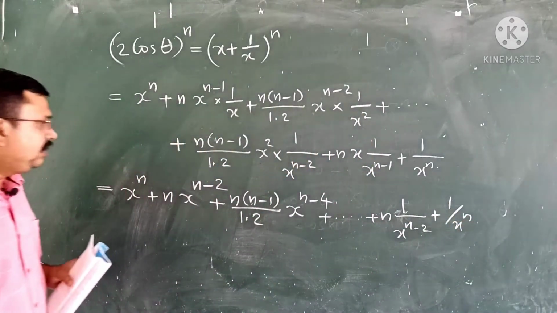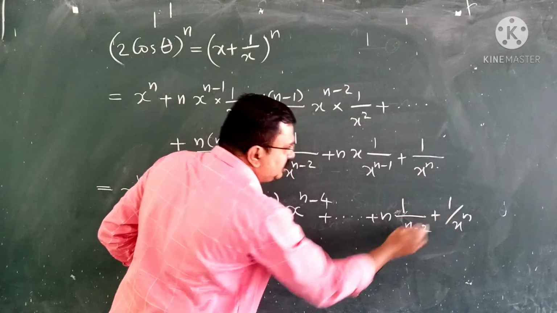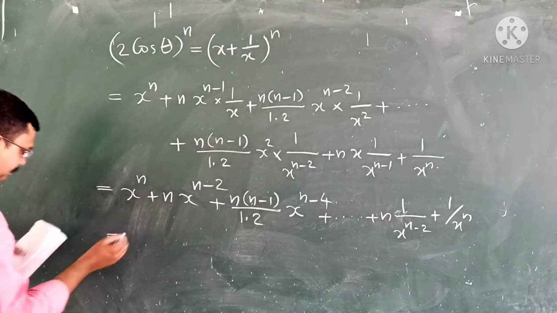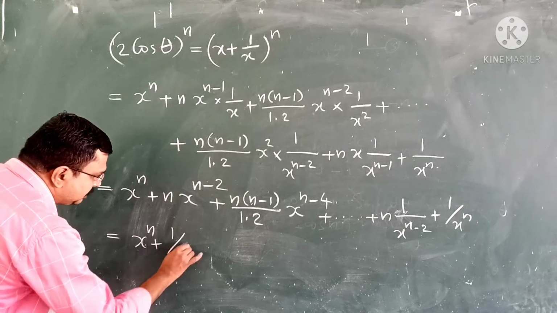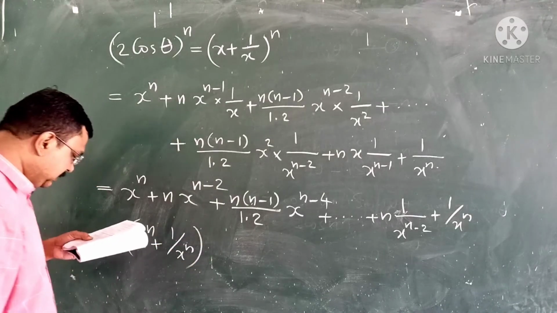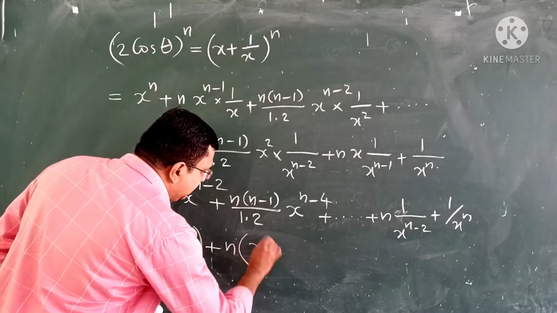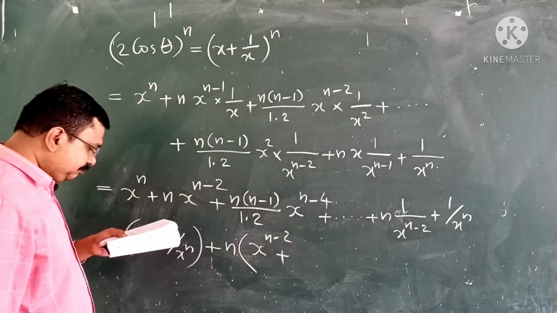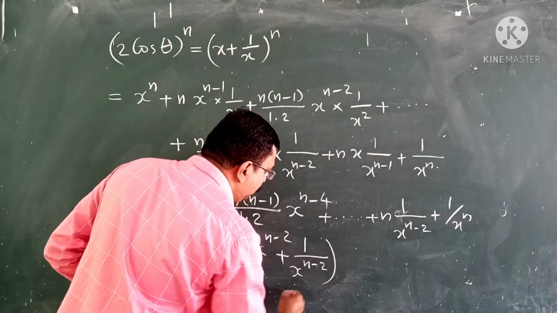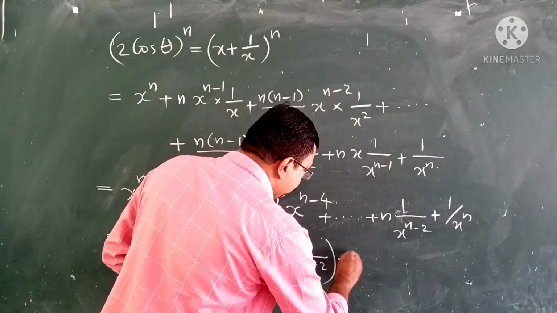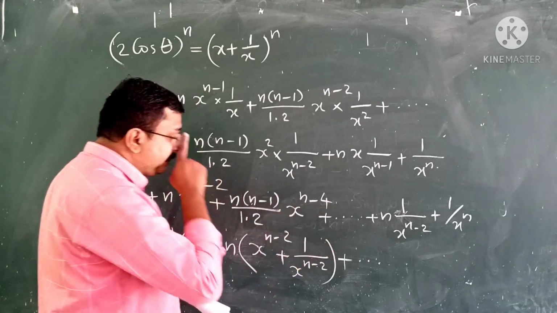Okay. Now we can take x^n and 1 by x^n as one group, that is equal to x^n plus 1 by x^n plus, next n can be taken outside, n into (x^(n-2) plus 1 by x^(n-2)) plus etc. Okay, all these terms can be taken outside.